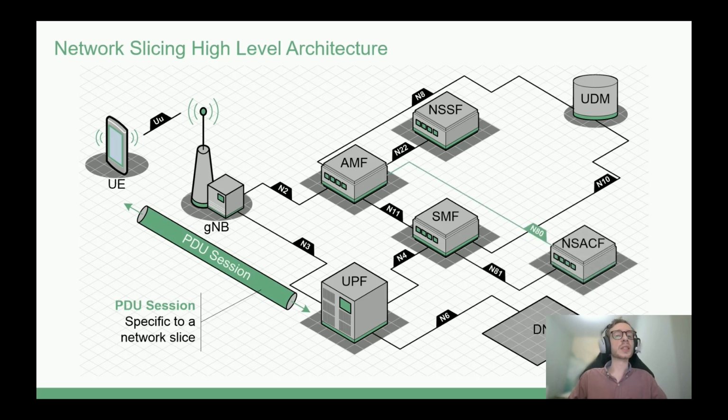We've also got the network slice admission control function, and this is essentially a glorified counter within the 5G core. Its role is to count the number of registrations that exist on a specific network slice, and also to count the number of PDU sessions which are established on a specific network slice as well. So during the registration process, the AMF may query that network slice admission control function and say, okay, this user equipment is registering on this specific network slice.